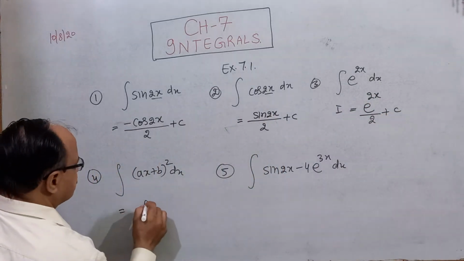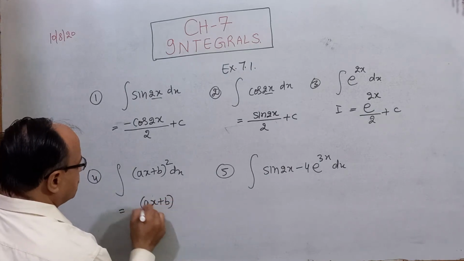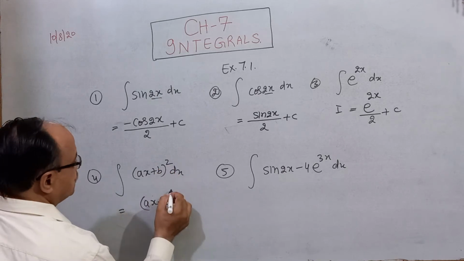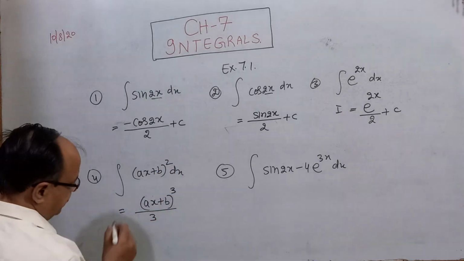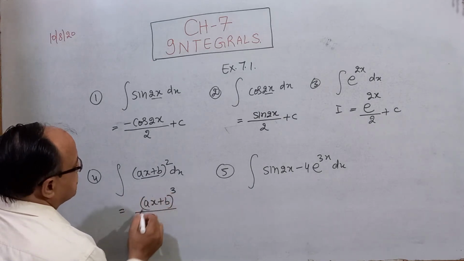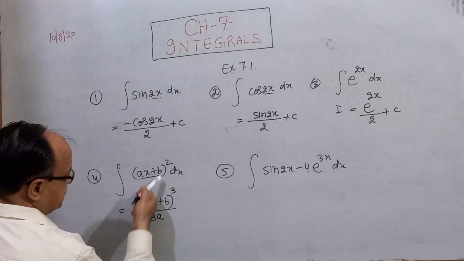Similarly here, (ax plus b) whole to the power, add 2 plus 1, 3, divided by 3. Now the derivative of this part: derivative of ax is a, and the derivative of b is 0.